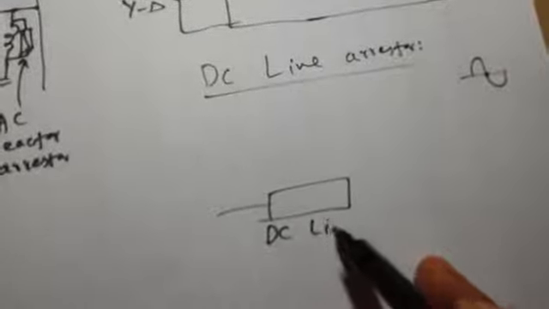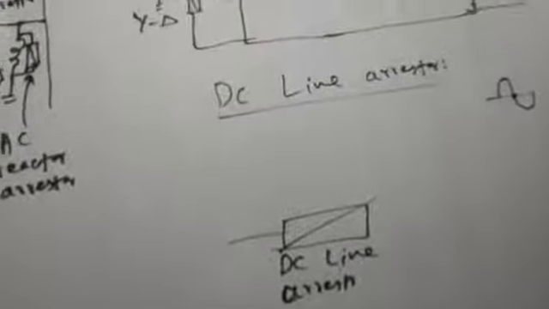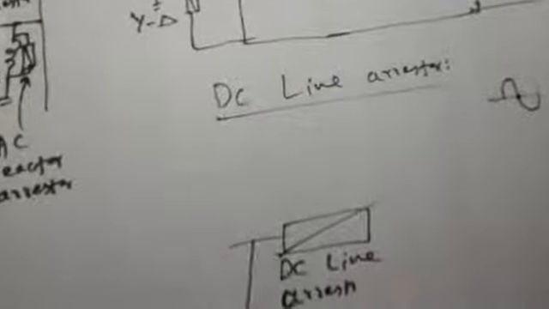For example, if this is your DC line arrestor, when it operates against over voltage, it provides over voltage protection to your DC line, then it ionizes. It has to be deionized. For that purpose, a special circuit is connected across it. What this special circuit does, I will write here.